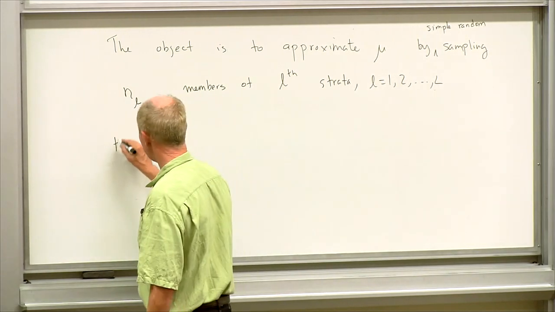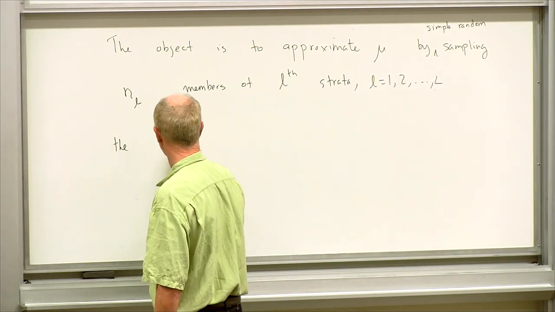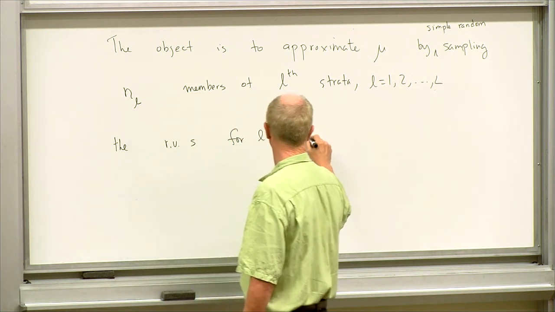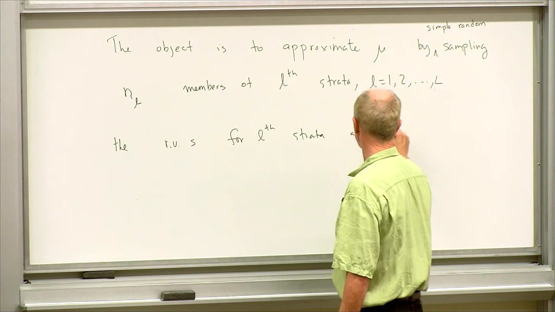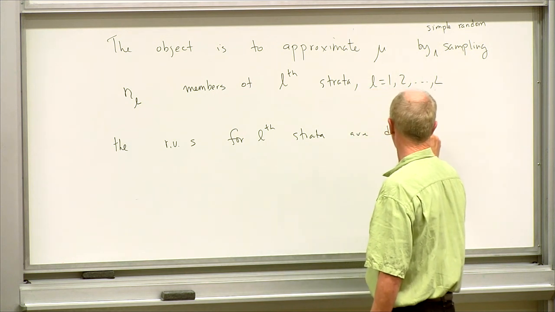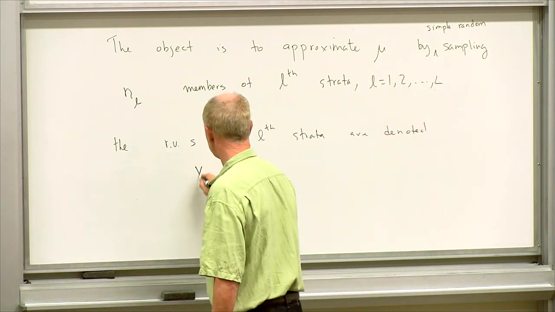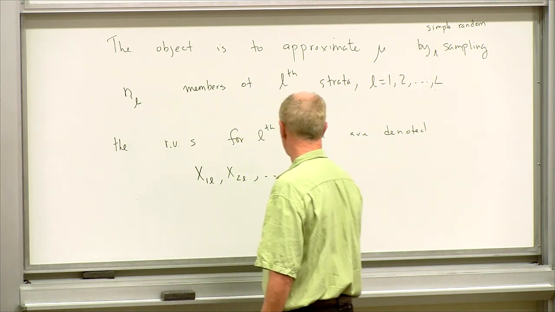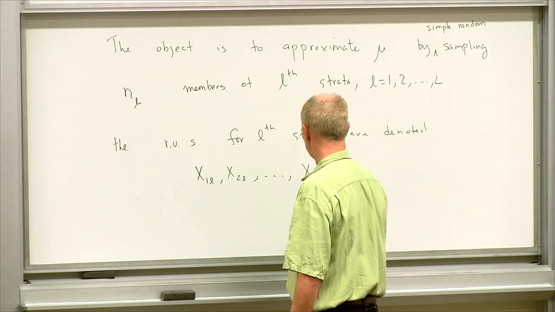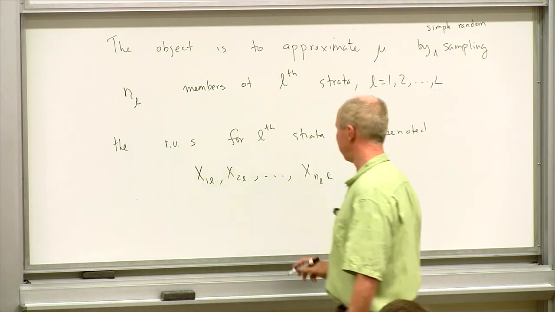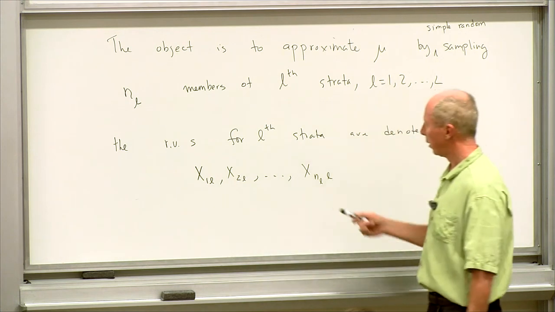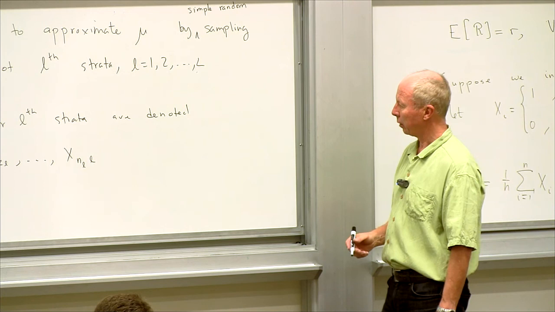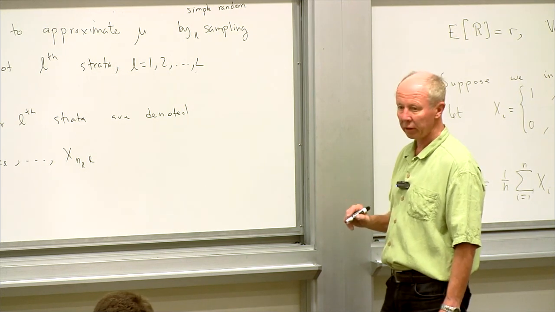The random variables for the Lth strata are denoted x1L, x2L, up to x n sub L, L. The second index indicates what strata they're from. The first one indicates which different individual in that strata. So there are n sub L of these.